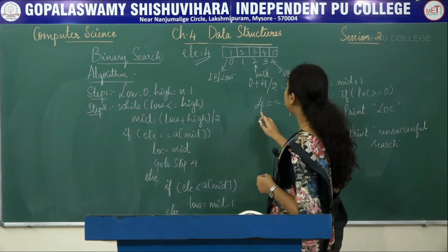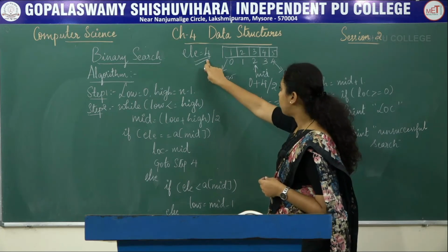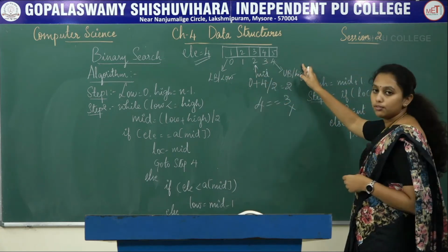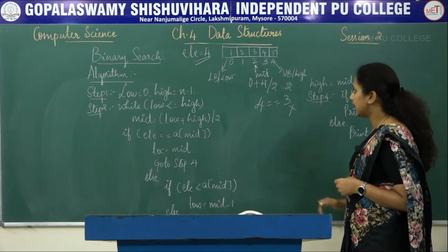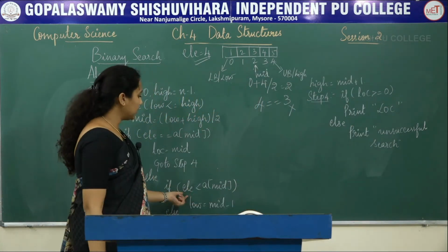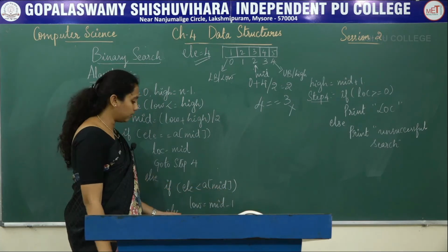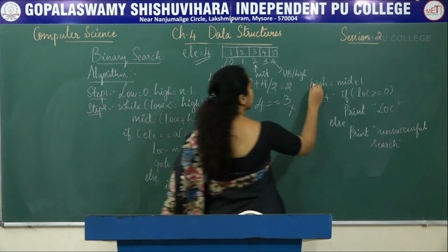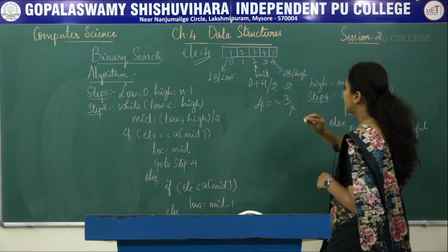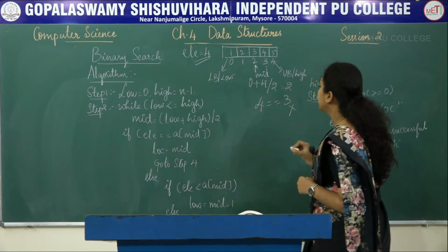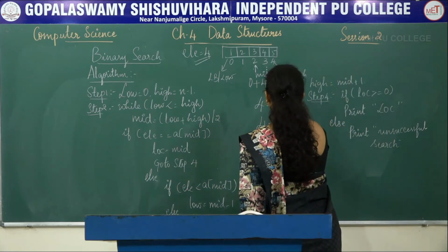So here the value of element is 4, hence we have to perform the search towards the right of the mid element of an array. So what we are going to do here? If element is less than A of mid, then low is equal to mid minus 1, else high is equal to mid plus 1. Now high is equal to mid plus 1, then I am comparing 4 with 4.